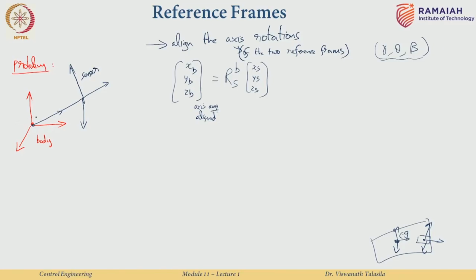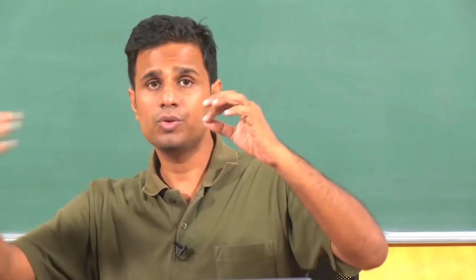So, if you know the x1, y1, z1 of the body, and you know the x2, y2, z2 of the sensor, it is again very easy to do. The easiest way to do it without breaking your head too much is to assume the body axis origin is 0 0 0, no worries. You compute the displacement along the x direction of the body to see where the sensor is.